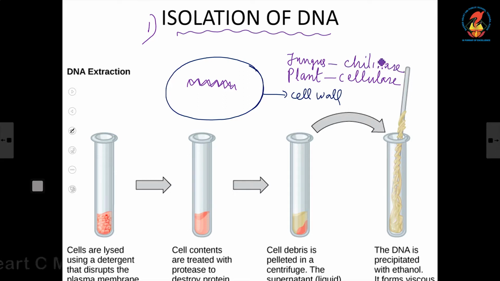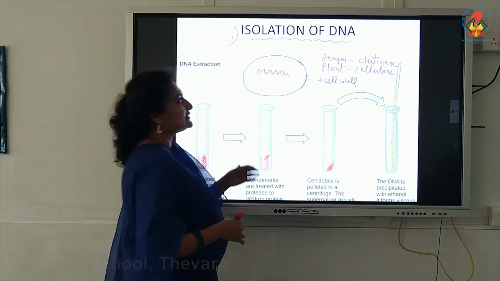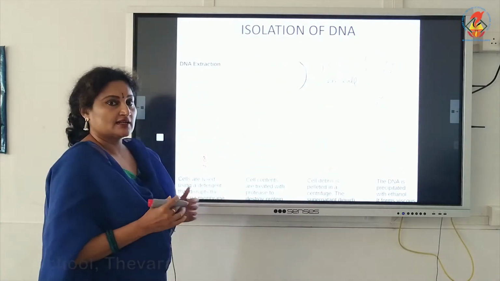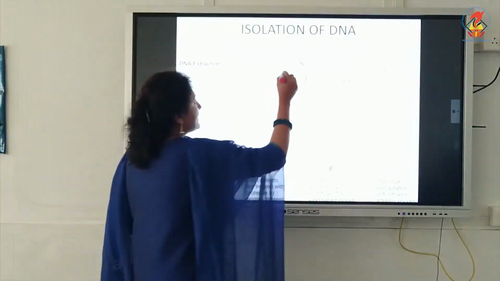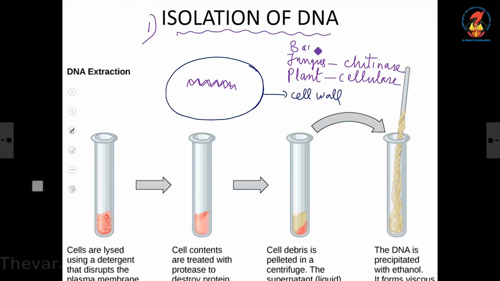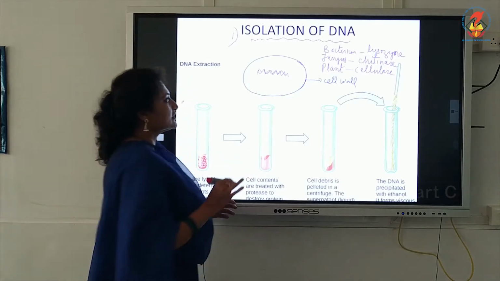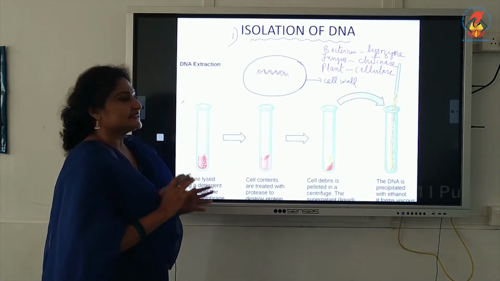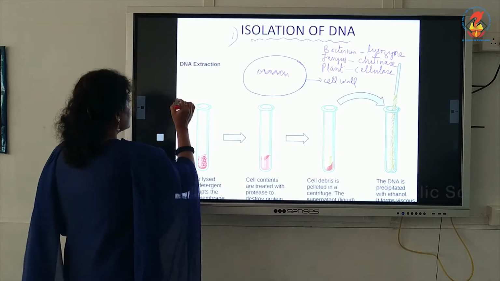Chitinase. We can treat with chitinase and the cell wall gets ruptured or destroyed. And if it is a bacterium, we know it has a cell envelope and it can be removed with the help of the enzyme lysozyme. So first of all, the first hurdle that should be removed is the cell wall. So the cell wall is removed.